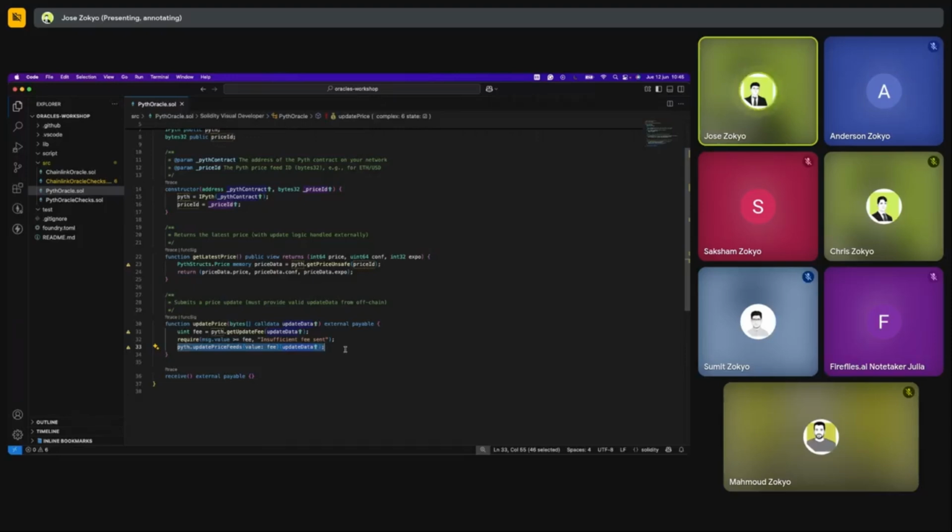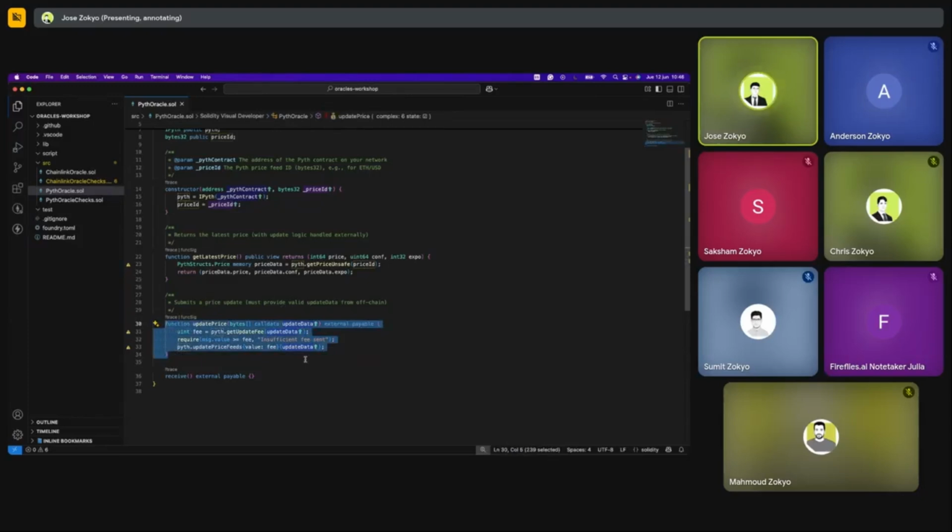You could execute this with data that you have created, trying to manipulate the oracle, but the price would not be taken into consideration and the function will get reverted. So basically, that gives any user the power to update the price, but only with legit data.